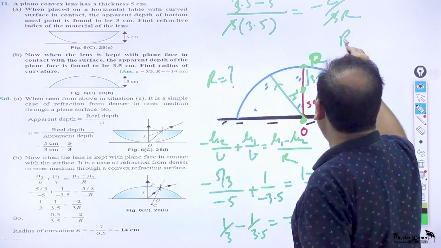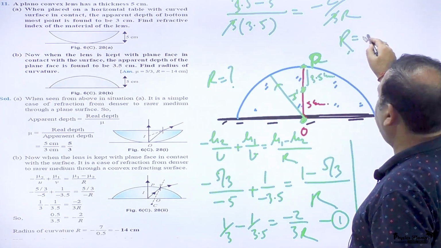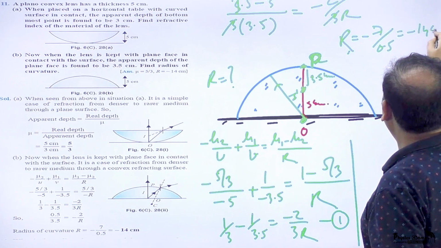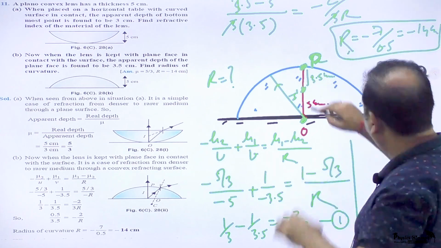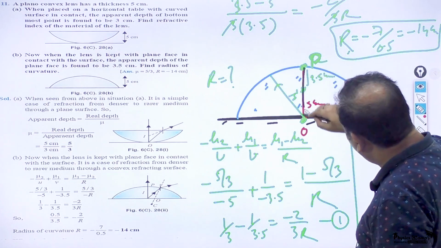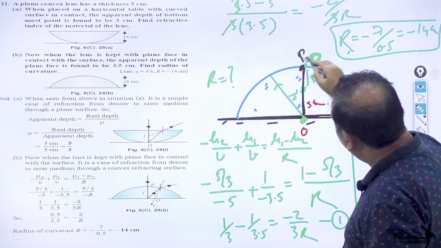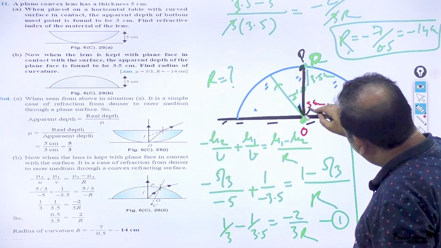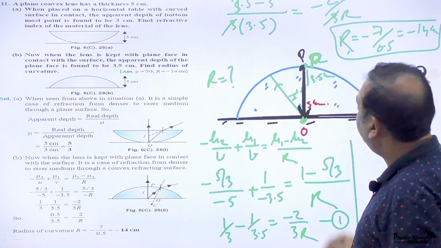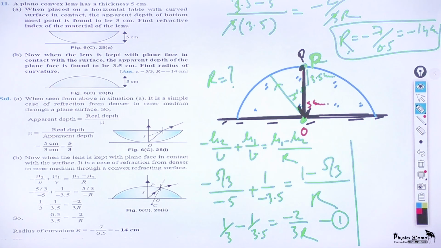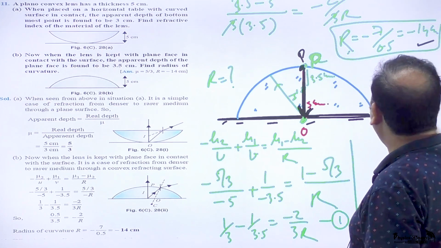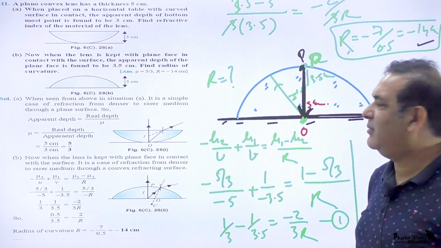So the value of r finally comes out to be minus 7 by 0.5, or minus 14 centimeter. You can understand the value of r here will be opposite to the incident ray. This is the pole and the value of r will be from the pole to this point. The center of curvature will be towards down. So it is going to be negative, so it is minus 14 centimeter.